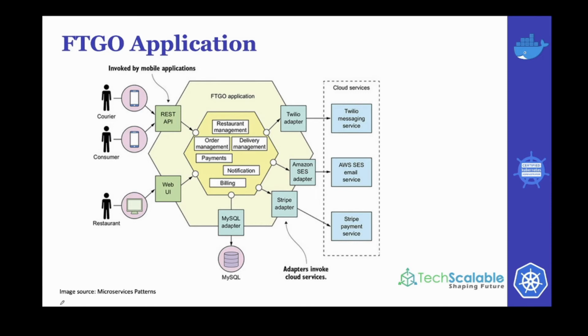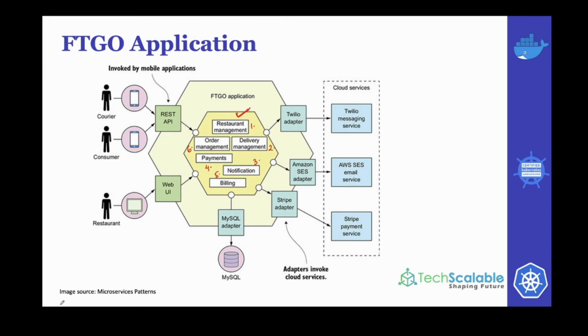This is the brain or the logic of your application, which has multiple functionalities like restaurant management, delivery management, notification system, payment system, billing system, and order management. Everything is bundled together. Even though they are different functionalities, they are sitting together, very tightly coupled to each other.